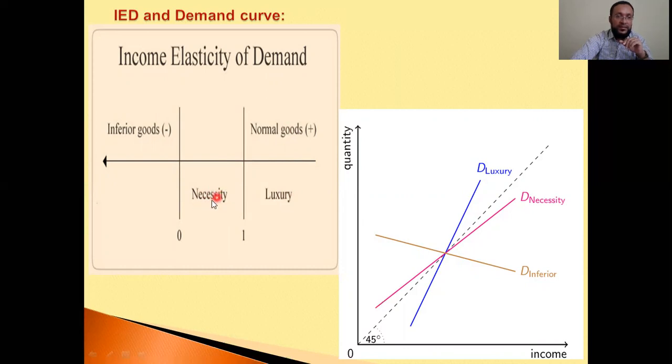If the value of elasticity is greater than 0 but less than 1, that is called necessity. On the other hand, if the value is greater than 1, it is called luxury. So luxury and necessity are both normal goods, meaning these two have positive values of IED, but for inferior goods it is a negative value.